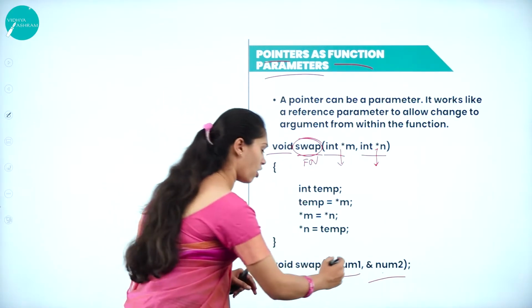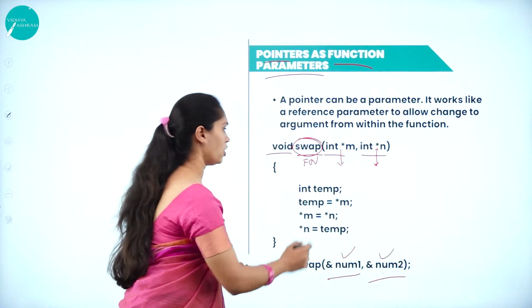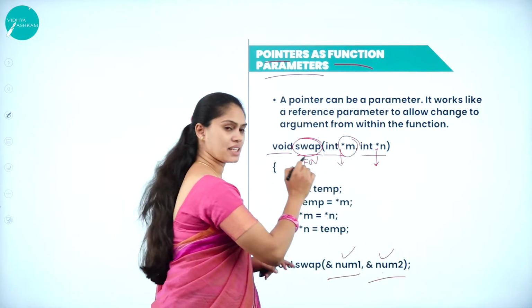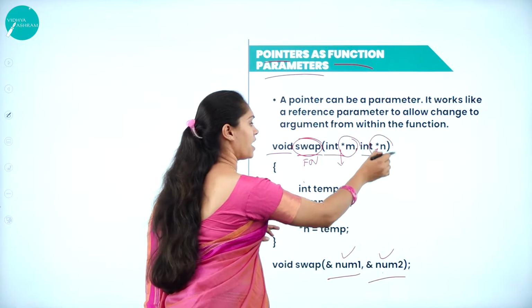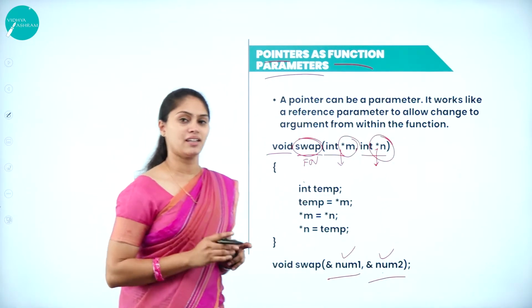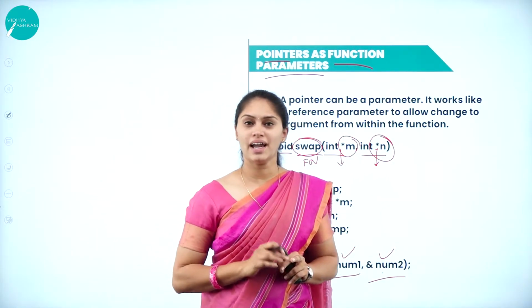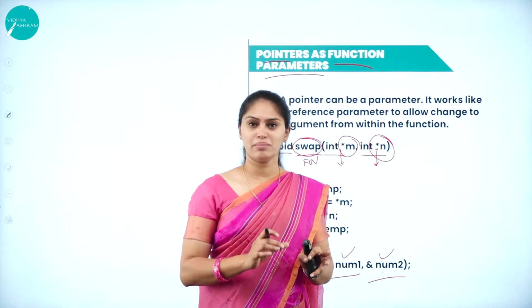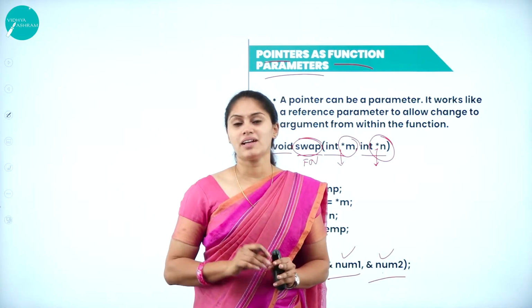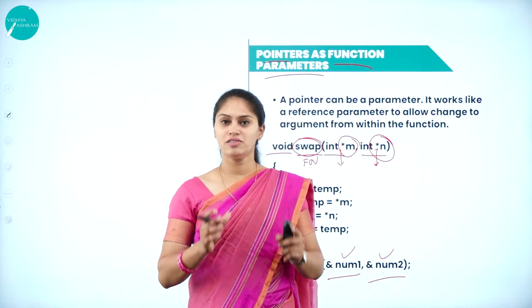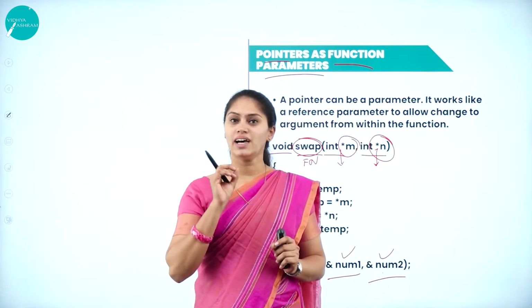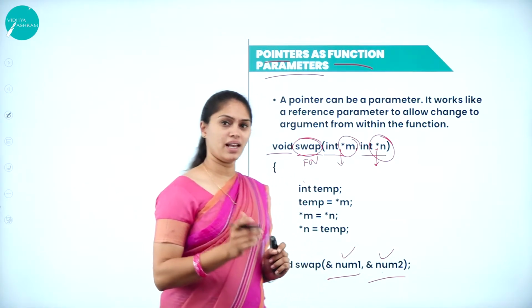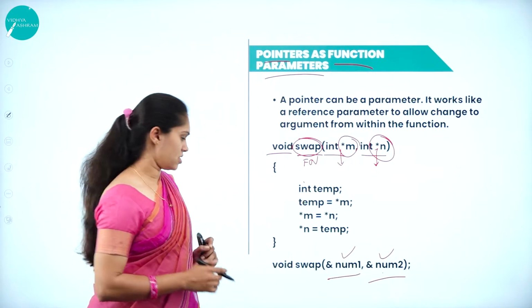The addresses of num1 and num2 will be held by the star m, that is pointer variable m, as well as pointer variable n. So in this way, I can send a pointer variable as a parameter or as an argument to the function. It will hold the addresses of a variable. So what are the variables I am using?